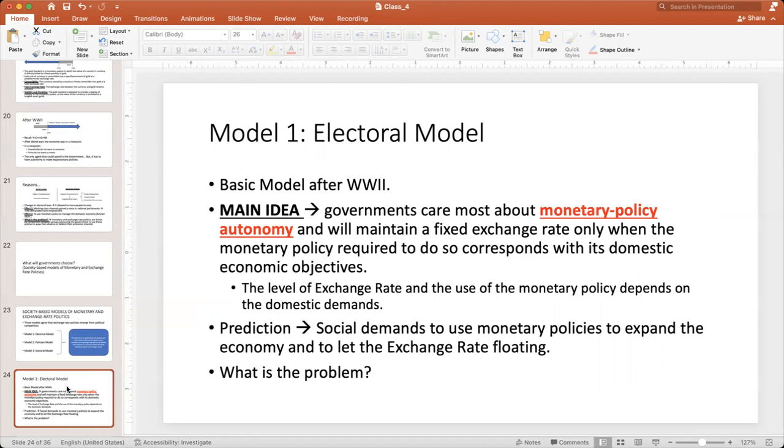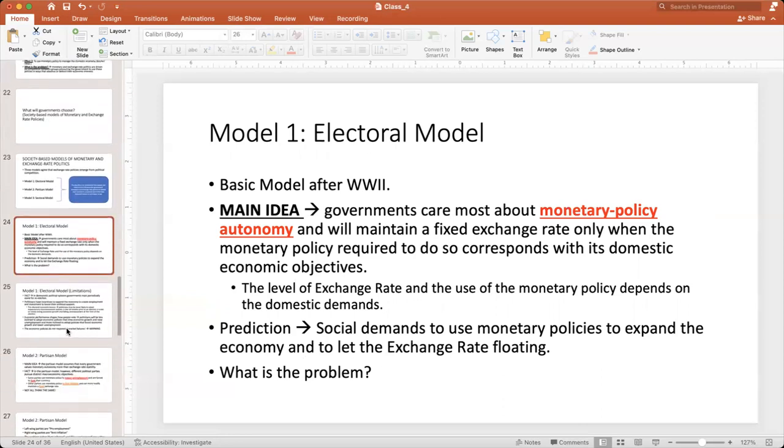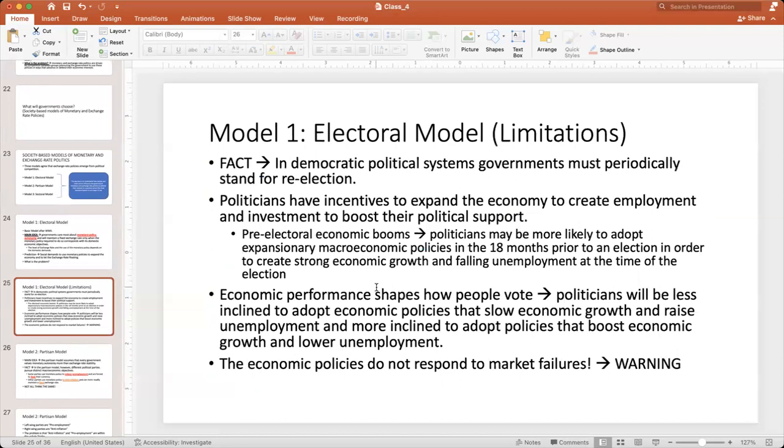Remember, the level of exchange rate depends on the domestic demand. So the prediction of this model is that there were social demands to use monetary policies to expand the economy and to let the exchange rate float. Why?